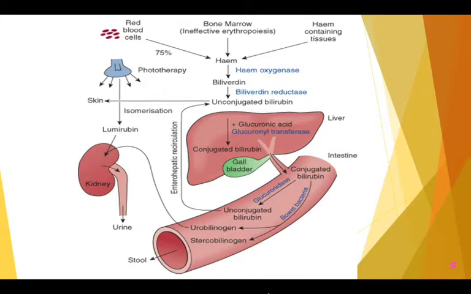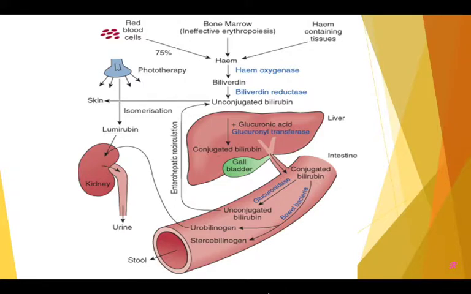The second thing is, we already told that some amount of conjugated bilirubin will be reabsorbed from the intestine. But it cannot be reabsorbed as it is. Conjugated bilirubin is not reabsorbable, so we have to convert it into something.